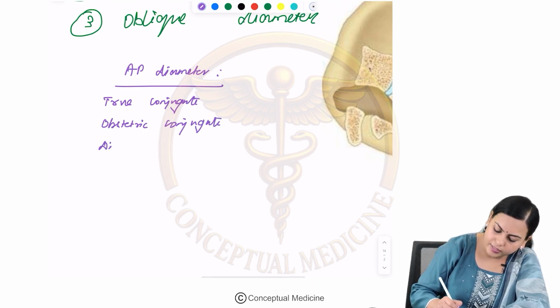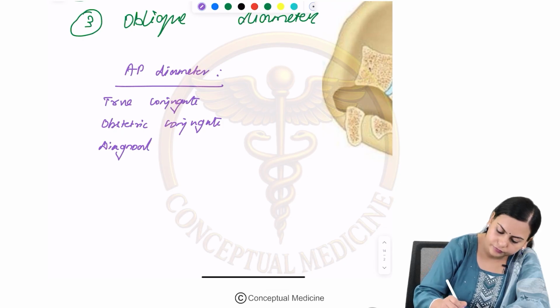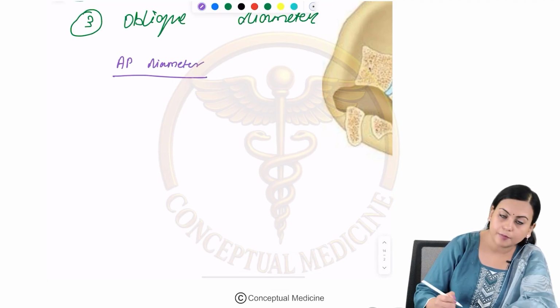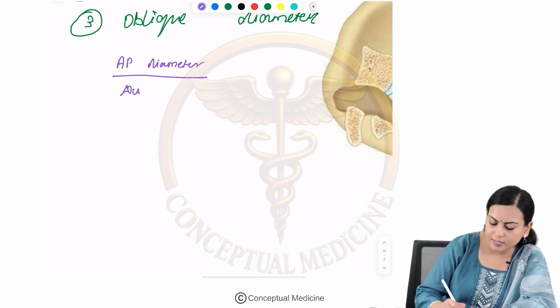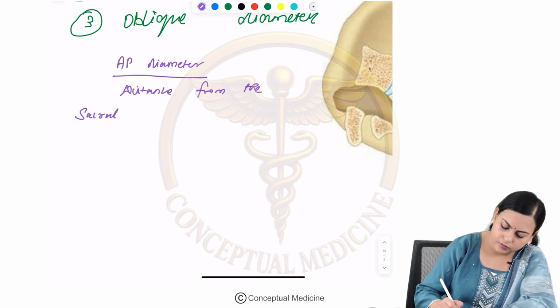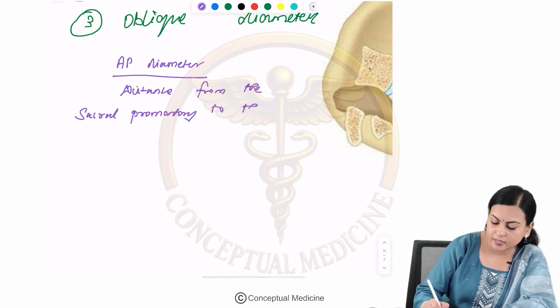And number three is diagonal conjugate. The anteroposterior diameter of true pelvis is nothing but the distance that is measured from the sacral promontory to the pubic symphysis.